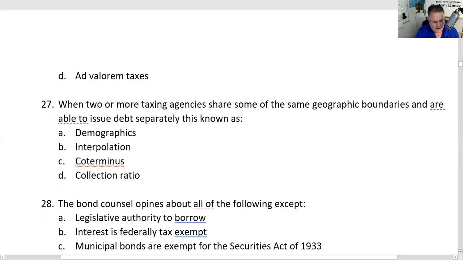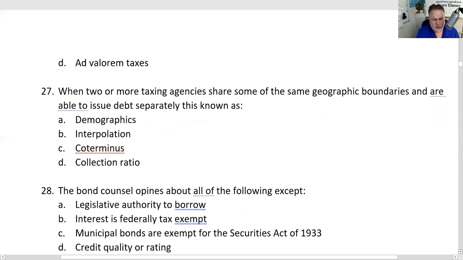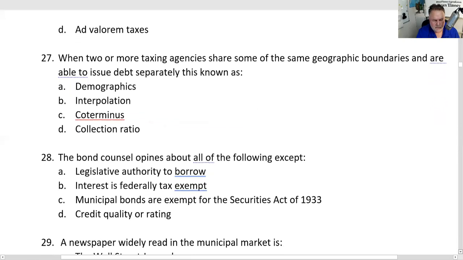Now, what we mean by that is if I ask my real estate agent how coterminous is the home I'm considering purchasing, I'm asking how many people can send me a tax bill that I must honor. Co means together in Latin. Terminus means living together when two or more taxing agencies overlap. For example, the school district would be coterminous with the city. The city would be coterminous with the county. Now, that's another one that I haven't had anybody tell me they've seen in a long, long time, but it used to be a good test.